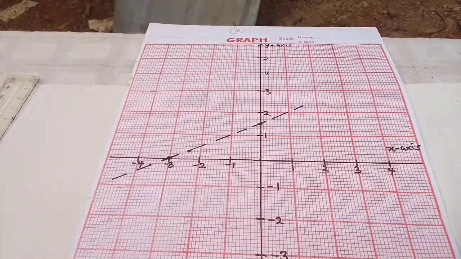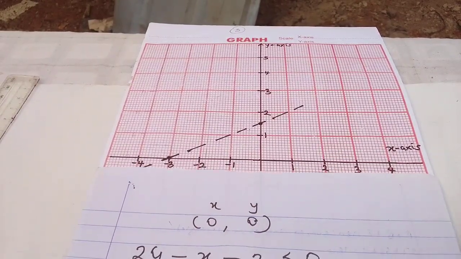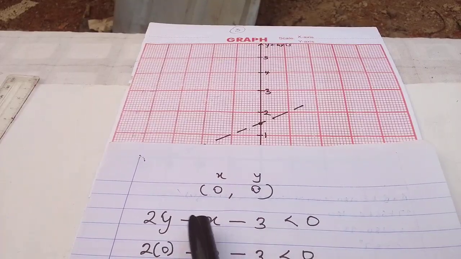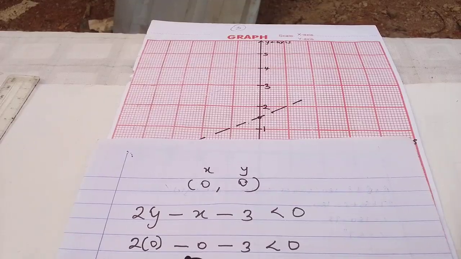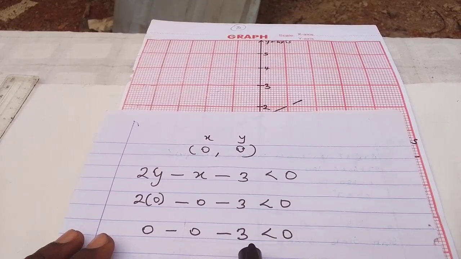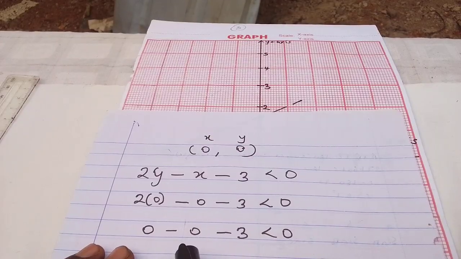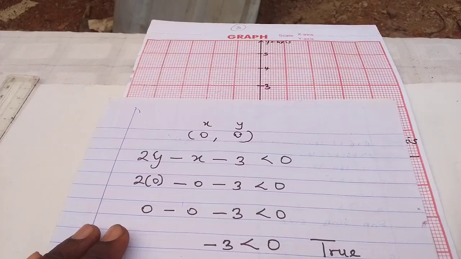So now let's try to substitute when x is 0, y is 0 into the equation. In place of y put 0, in place of x put 0. 2 times 0 is 0, minus 0 minus 3 gives us minus 3 is less than 0.